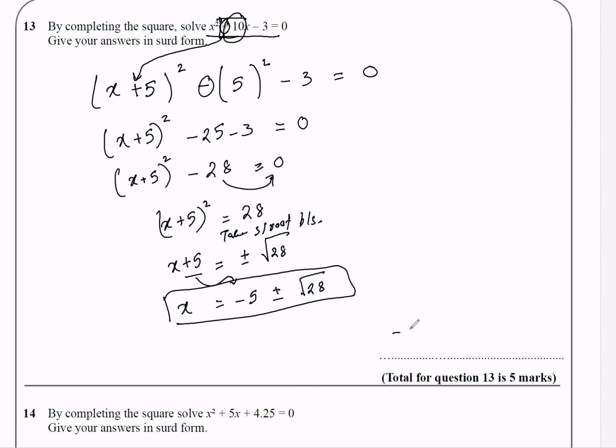Okay, so you can write minus 5 plus root 28, or minus 5 minus root 28. You didn't use this sign. In one you said minus 5, in one you said plus 5. Okay, that's what your mistake is.